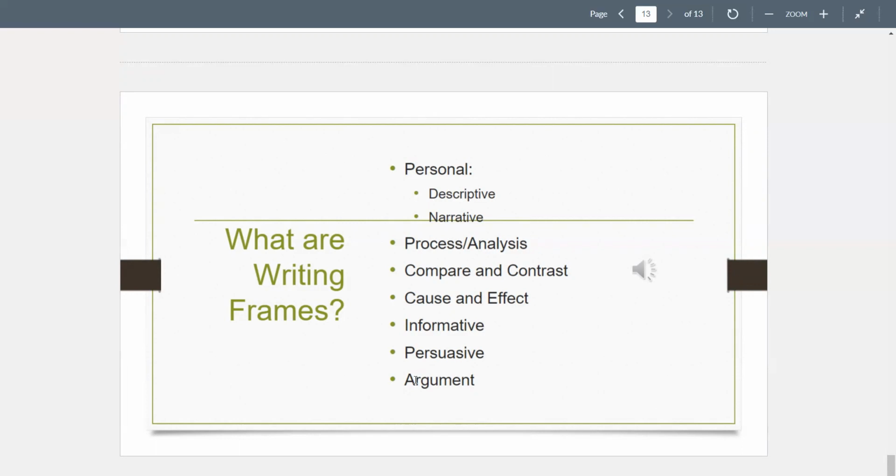Argument is where you have a point of view, a side which you stand for. You have facts to back up your side of your argument. And your goal isn't necessarily to get other people to agree with your side of your argument, but just that your argument is legitimate and well supported.